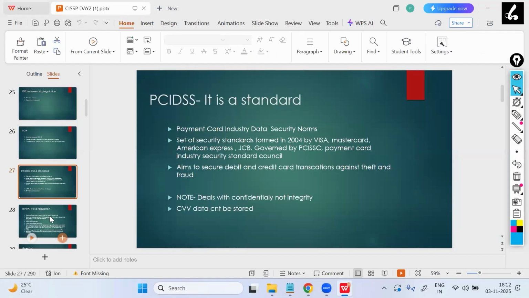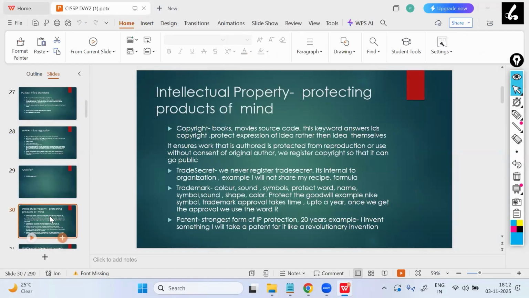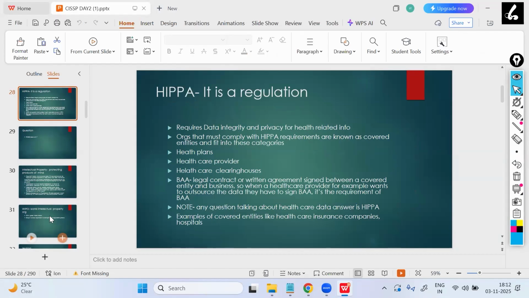These were regulations. Now another regulation is HIPAA. It is one of the most important regulations. We will cover it because it is important. HIPAA requires data integrity and privacy for health related information. Organizations that must comply with HIPAA requirements are known as covered entities. A few terms that you will hear here, I'll just highlight them so that you do not get confused.